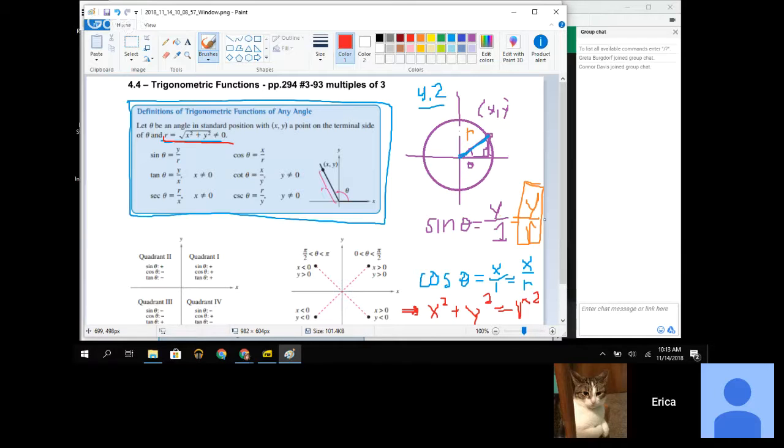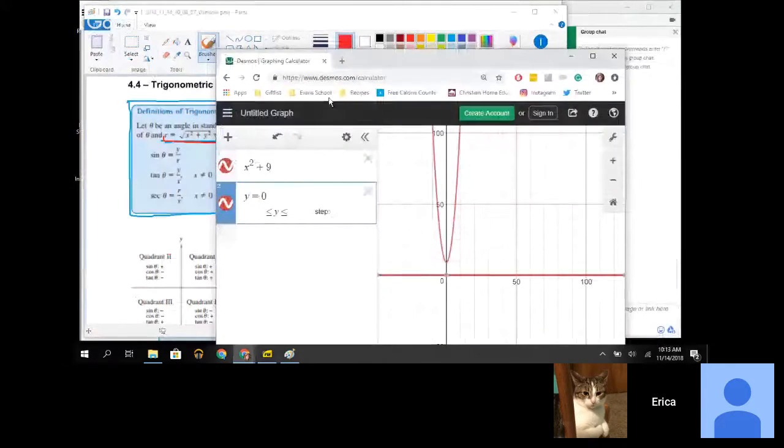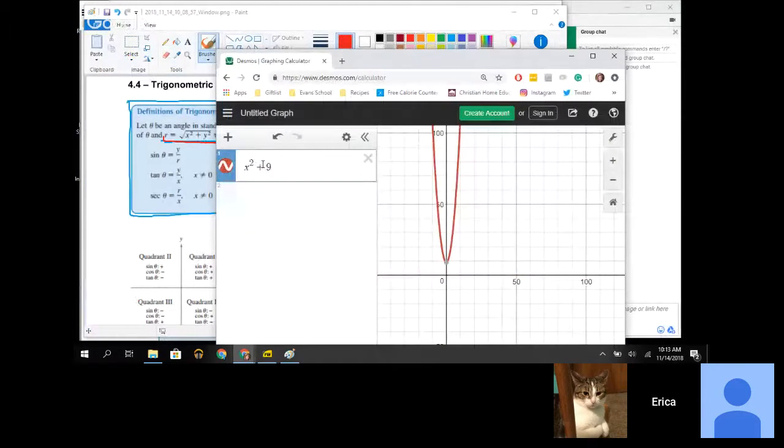And I think I even popped this up last class, maybe online. If you wanted to graph a parabola, you'd do that. But if you wanted to graph a circle with a radius of 3, it would be x squared plus y squared equals 3 squared.